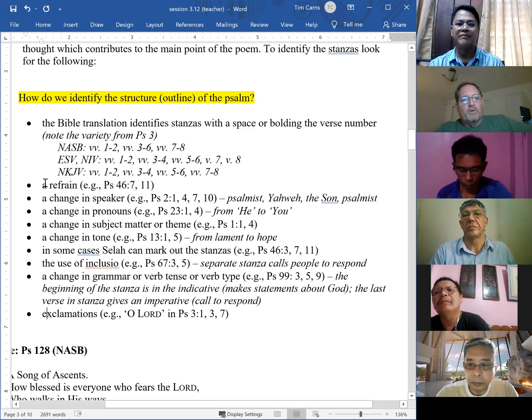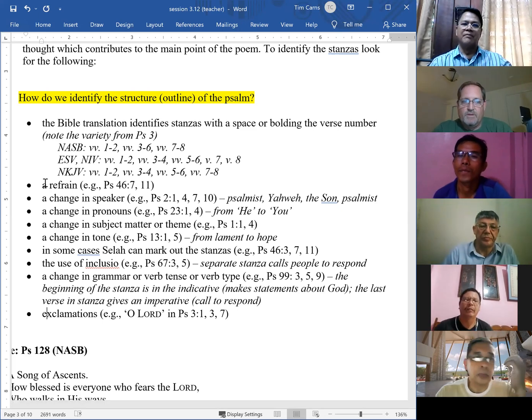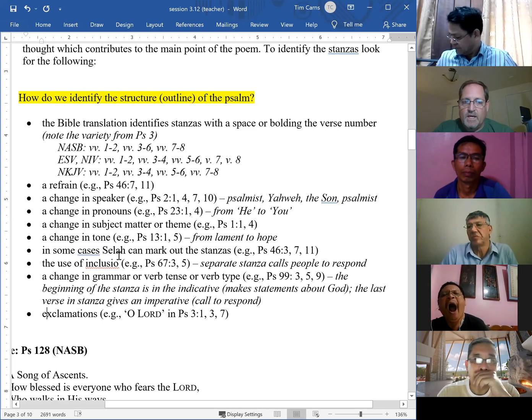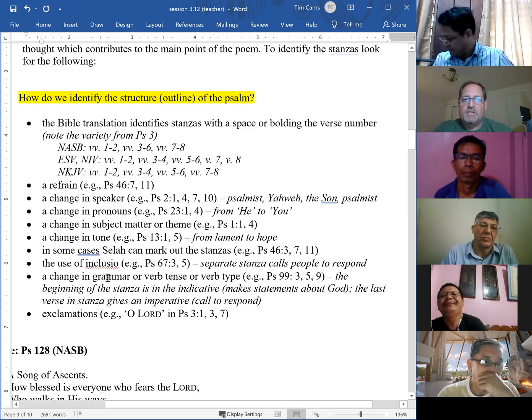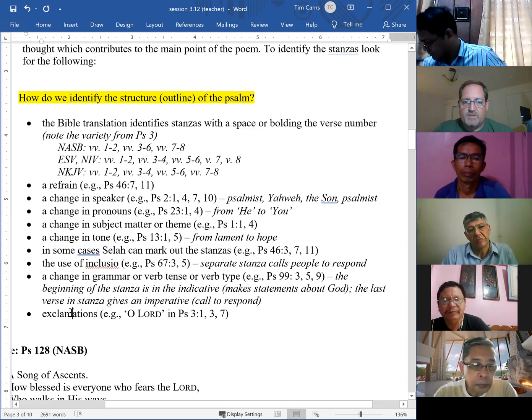So there are a number of other ways that can help you to identify the structure. Change in speaker, change in pronouns, change in subject matter or theme, change in tone, sometimes selah, inclusio, a change in grammar or verb tense or verb type, or as I said, exclamations.